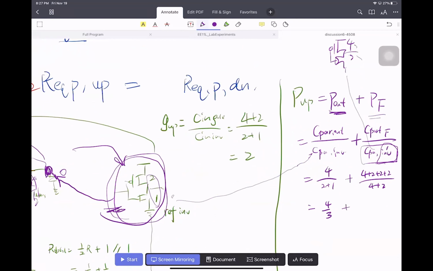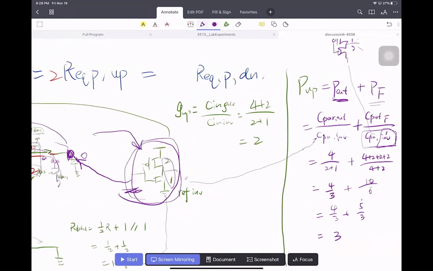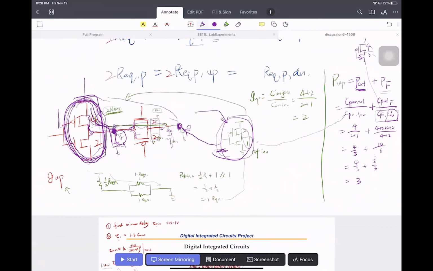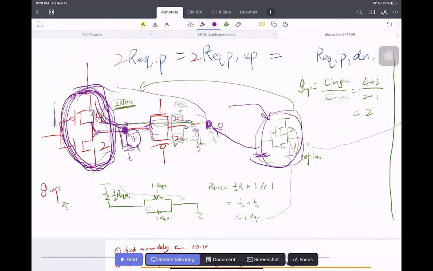So this part is 10/6. That's 4/3 plus 3/6, that is equal to 6/6... So for this compound gate, the parasitic delay is just 3, and the logic effort is 1.